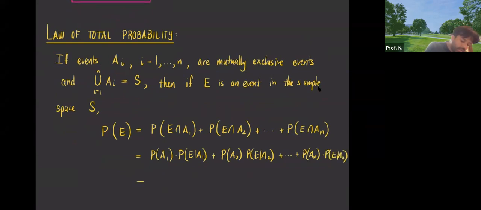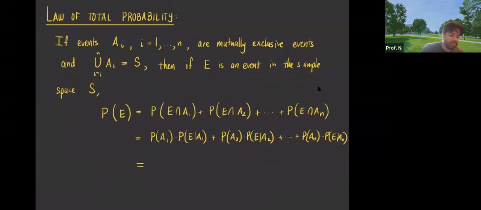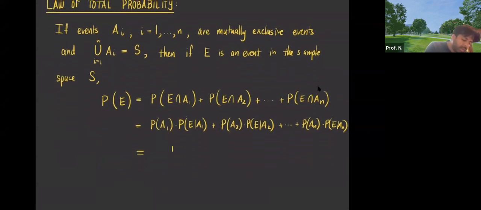But instead of writing all this out, I can use summation sigma notation. The sum as i goes from 1 through n of the probability of A sub i multiplied by the probability of E given A sub i. And this is the law of total probability.